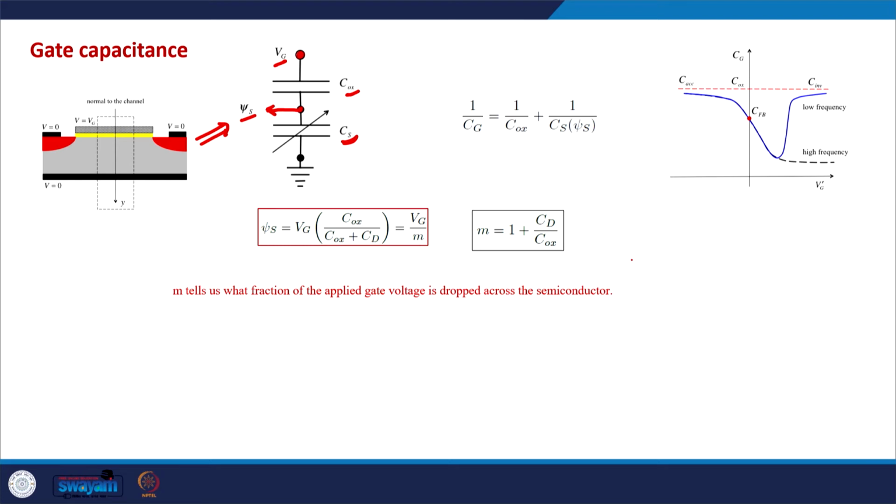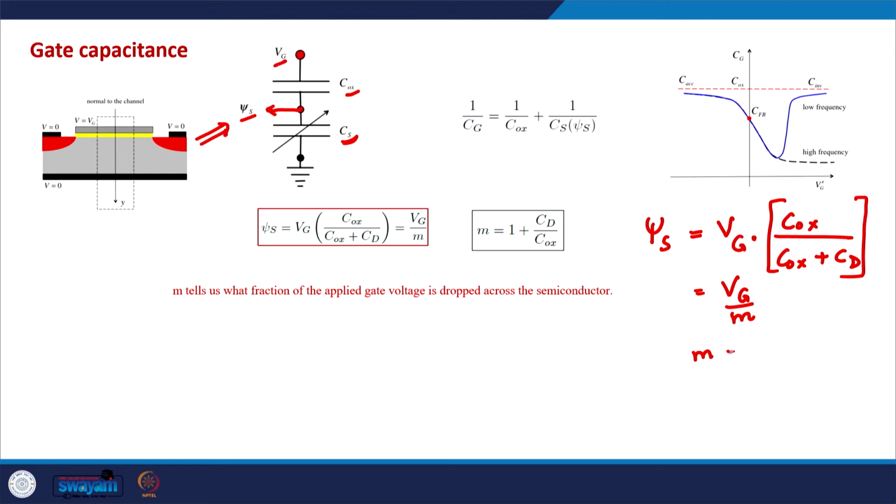So, according to the voltage division rule across capacitors, psi s can be written as Vg times Cox divided by Cox plus Cd, which means we can write it as Vg divided by M, where M is Cox plus Cd divided by Cox, which is 1 plus Cd by Cox.